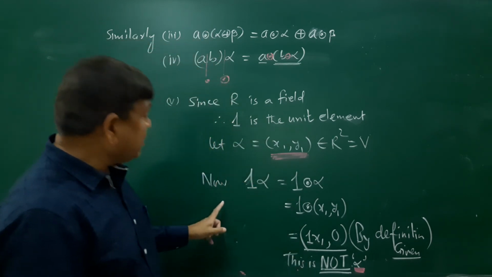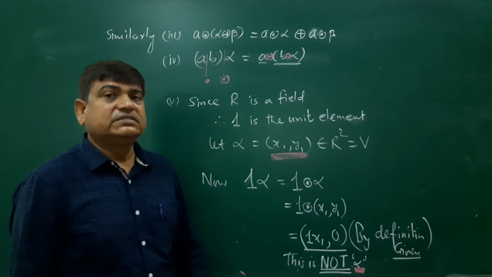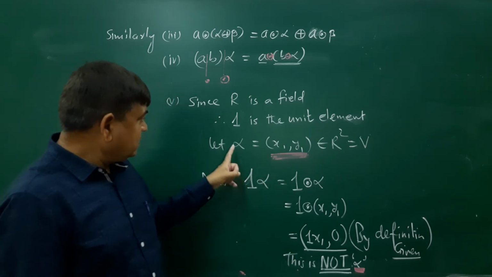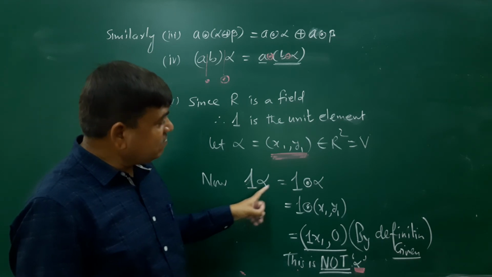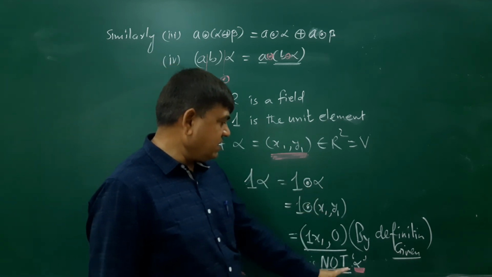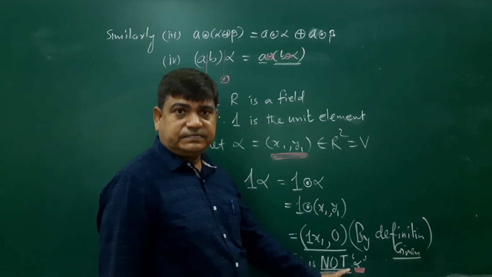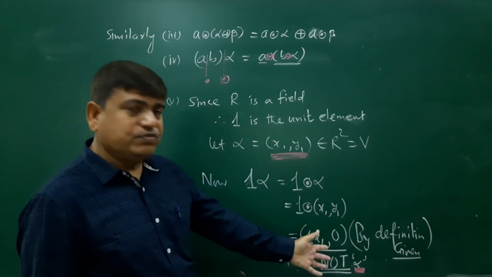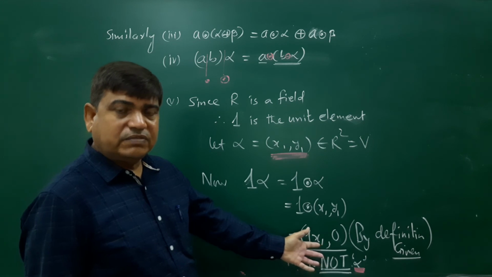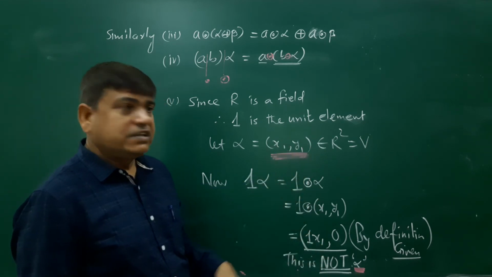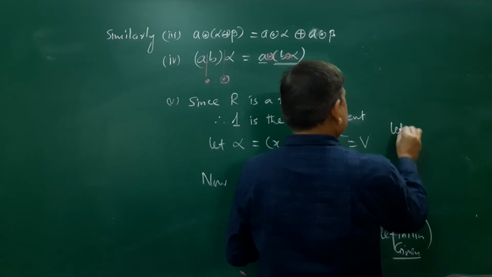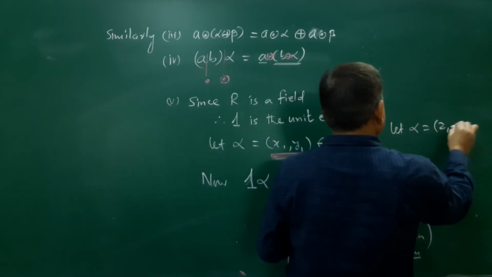The 10th one, the last one, has failed. 1 into alpha must be alpha, and here this is not alpha. Yes, if this member is 0, then it will be. Otherwise, it is not. So here y1 is not equal to 0. Suppose I say let alpha be 2, 1, 3.